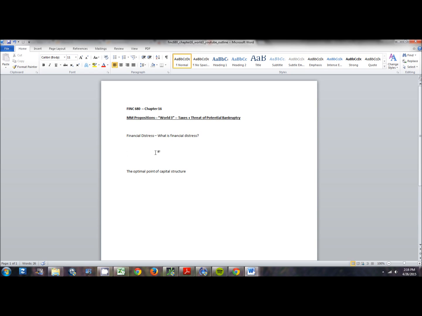When you move from no debt to 10% debt or 15% debt or 20% debt, the possibility of going bankrupt from having too much debt is so low that the present value of the tax shield outweighs any costs of potential financial distress.